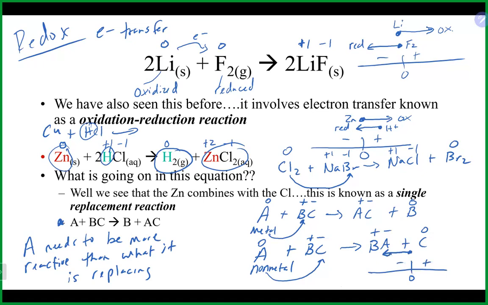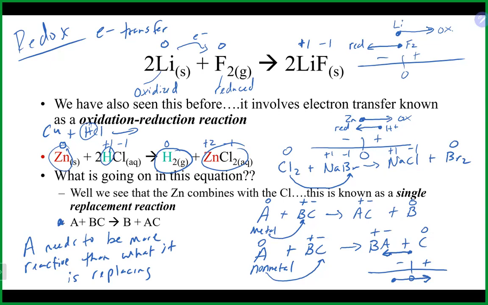It is the bromine, which is starting at -1 on the left and ending at 0, that is being oxidized. The sodium here is +1 on both sides. Nothing's happening with it. It is just a spectator ion hanging out for the ride to balance out charges. But ultimately here, the electrons are going from our bromine to our chlorine. That is where the electrons are being transferred in this particular case.